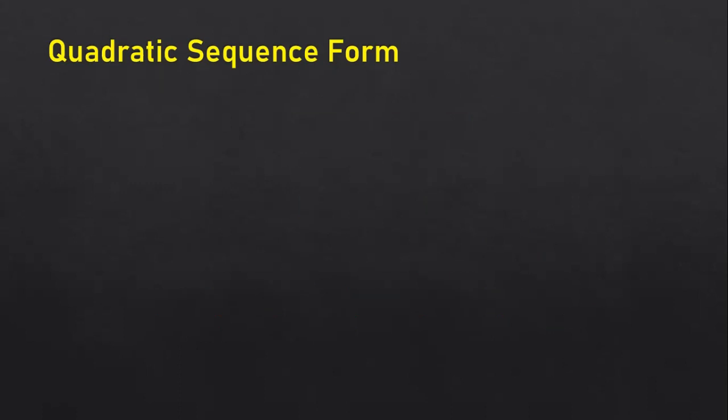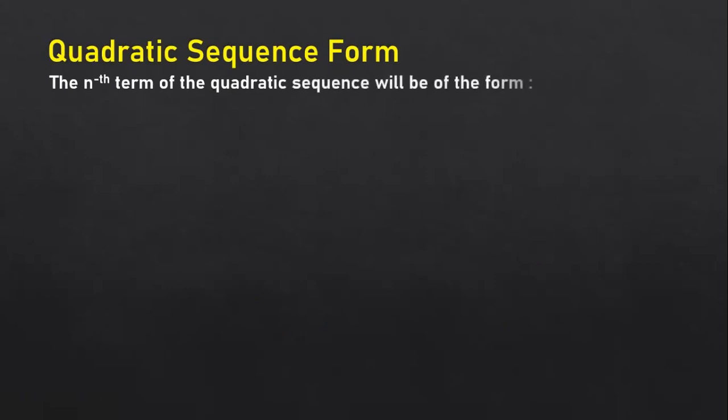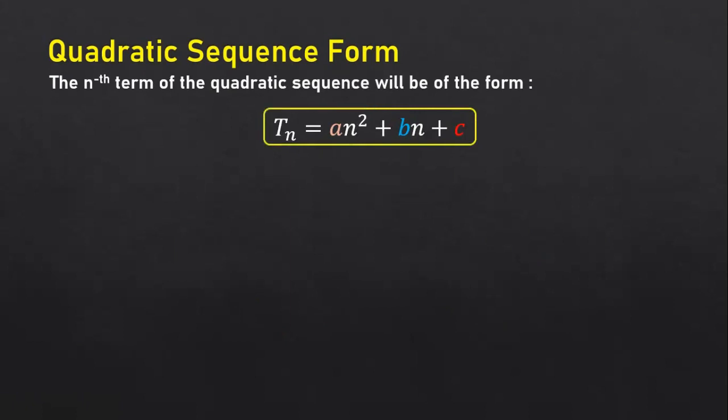Okay, we are going to continue the explanation about the quadratic sequence form. The nth term of the quadratic sequence will be of the form Tn equals an squared plus bn plus c.